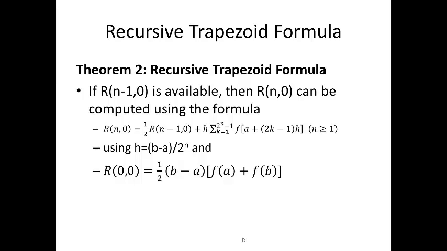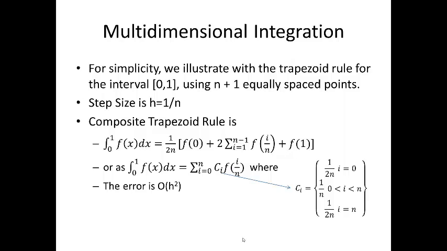Now, let's look briefly at multiple dimensional integration. For simplicity, we'll illustrate the trapezoid rule on the interval 0, 1 using n plus 1 equally spaced points. Now, the step size is h equal to 1 over n, and the composite trapezoid rule in this case is given by this formula.